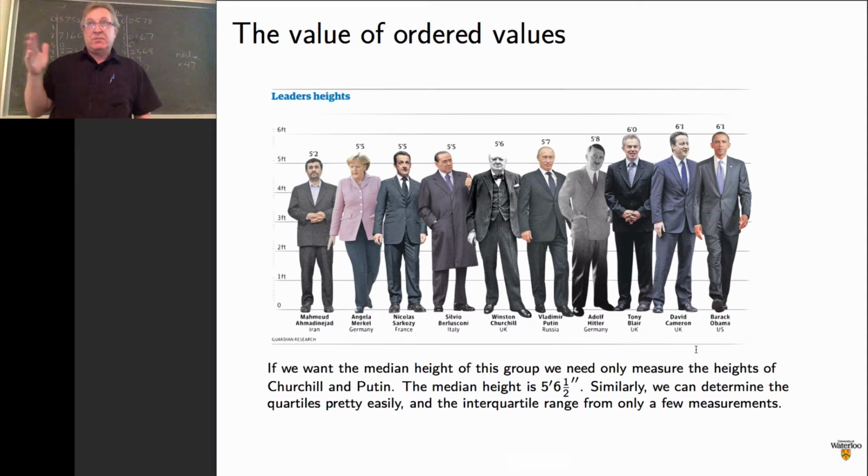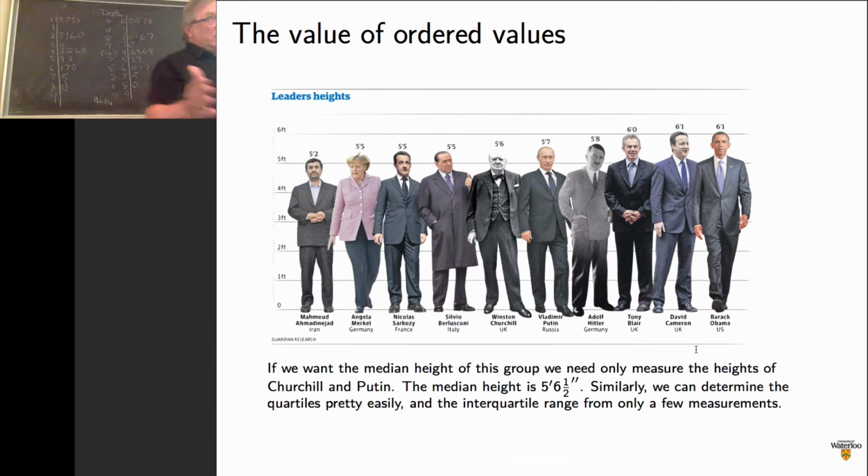And I want you to keep this picture in mind. Think about ordering people from shortest to tallest. If I want to know the median height of these world leaders, you don't actually have to measure them all.